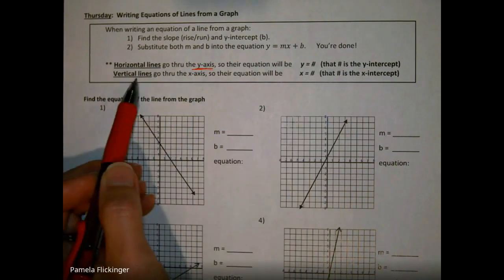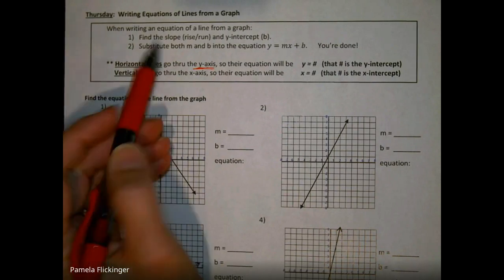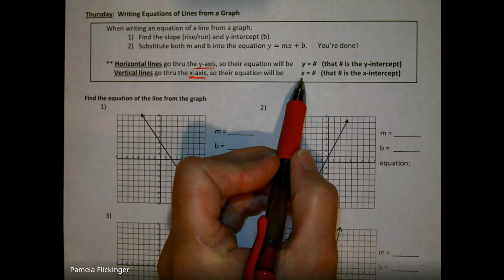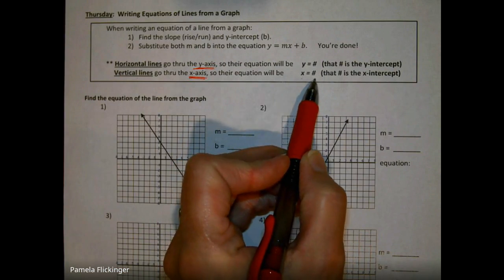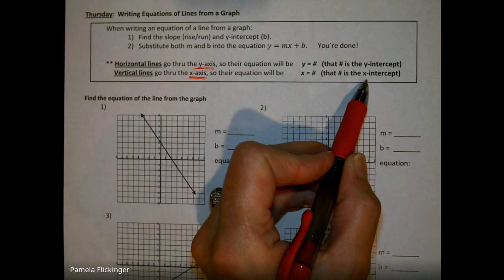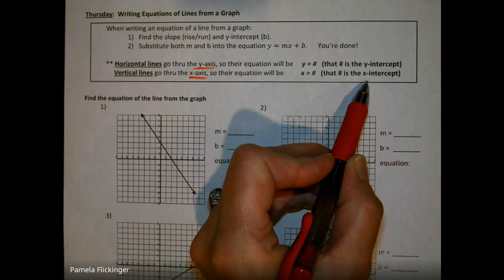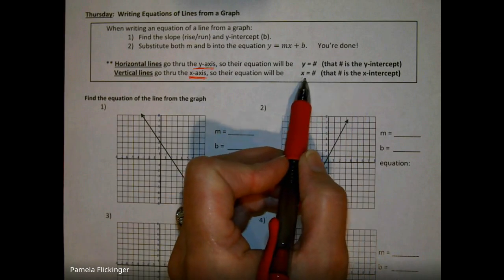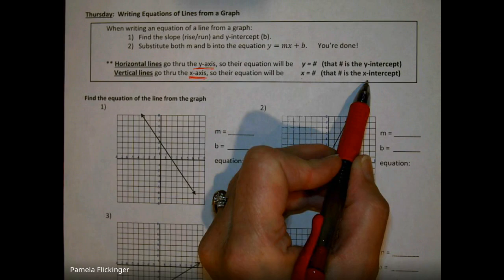If it's a vertical line, then it's going through the x-axis, so your equation will be x equals a number. That number will be the x-intercept, because there probably won't be a y-intercept. In fact, there only will be a y-intercept if it is sitting directly on top of the y-axis itself.